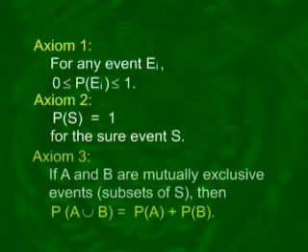And axiom 3, if A and B are mutually exclusive events, in other words, disjoint subsets of S, then the probability of A union B is equal to the probability of A plus the probability of B.